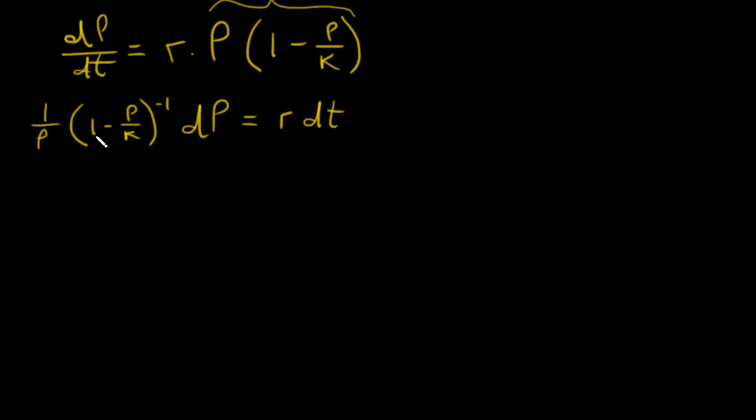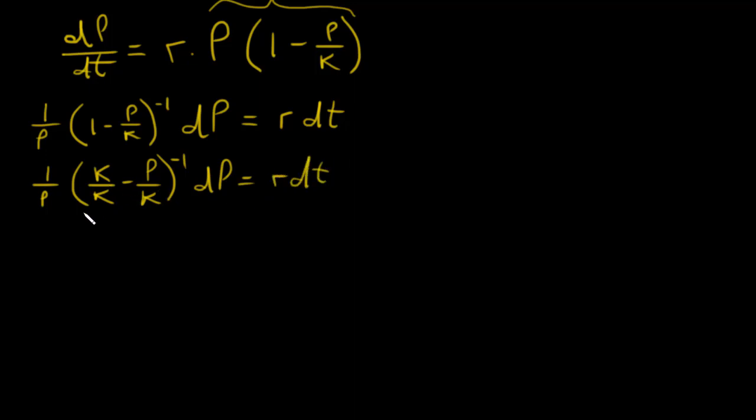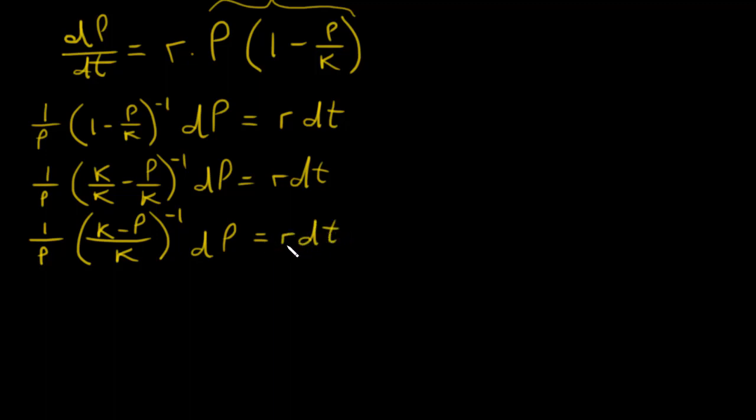So now I'm going to find a common denominator to make this a single fraction inside. So 1 over P times (K over K minus P over K) dP equals r dt. Now I can combine that to 1 over P times (K minus P) over K. Now I'm going to flip this, because it's to the negative first power, so it becomes the reciprocal.